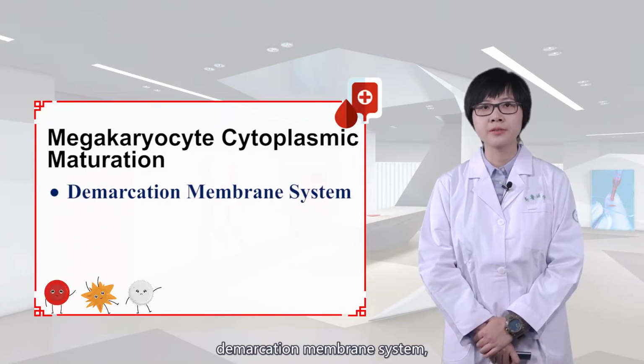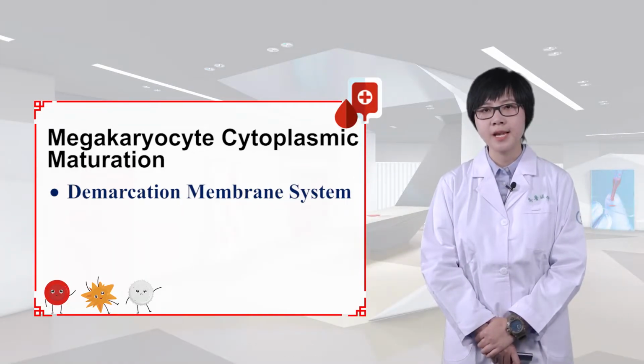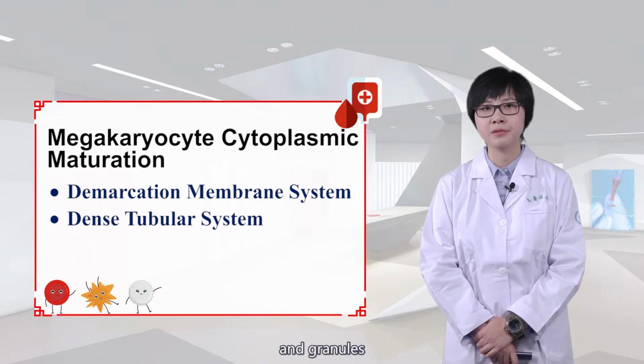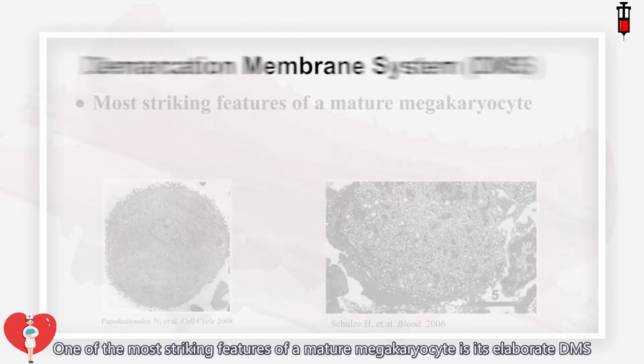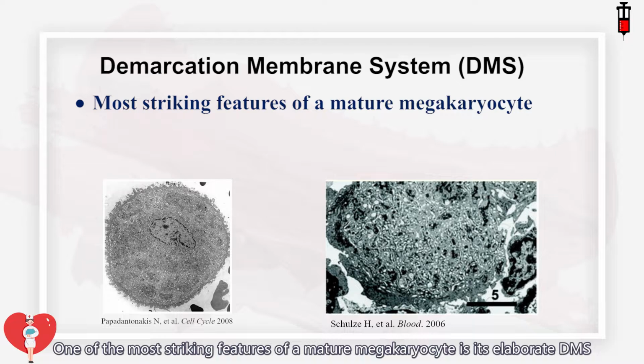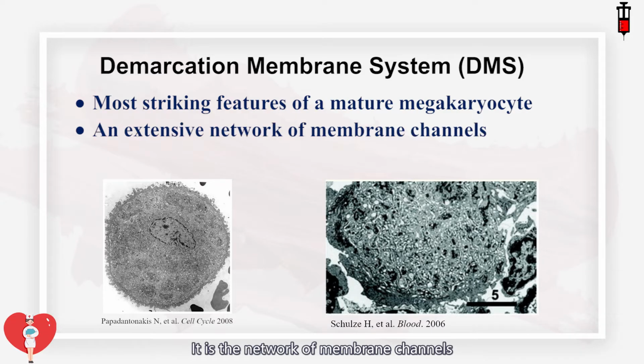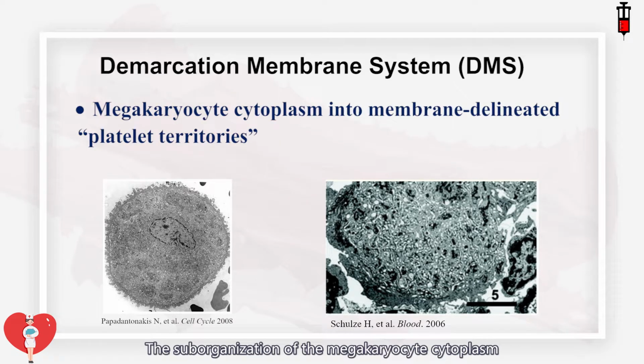Here, we show the demarcation membrane system, dense tubular system, and granule formation. One of the most striking features of a mature megakaryocyte is its elaborate DMS. It is a network of membrane channels. The subdivision of the megakaryocyte cytoplasm into membrane-delineated platelet territories was first reported by Kautz and De Marsh.